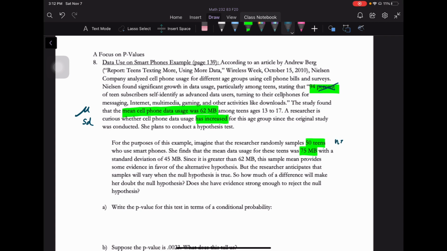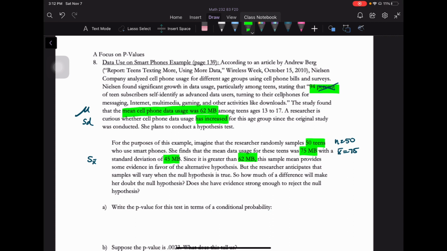The sample size is 50, and the sample mean is 75. And the sample standard deviation is 45, which is actually, instead of sigma, s of x bar. Since it's greater than 62 megabytes, this sample provides some evidence in favor of the alternative, meaning it seems like there has been an increase.